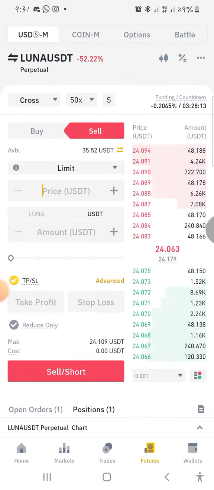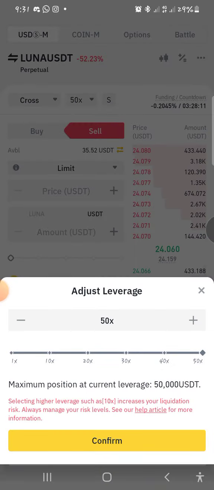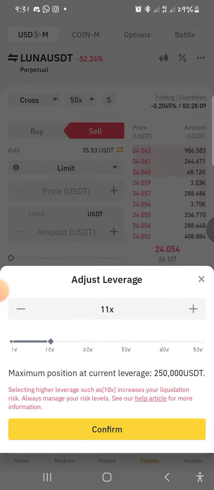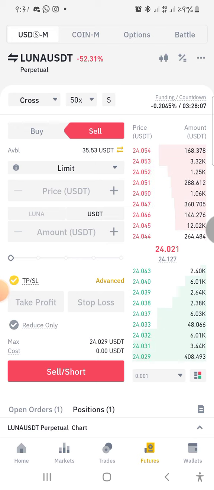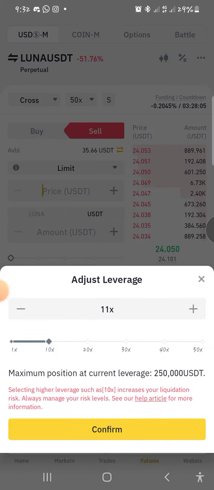So now let me explain the leverage. Okay, now leverage is very, very important. This is the part that confuses people the most. So now let's use leverage 10 to explain, or 20, because I use 20 a lot, so let me just use 20 to explain.